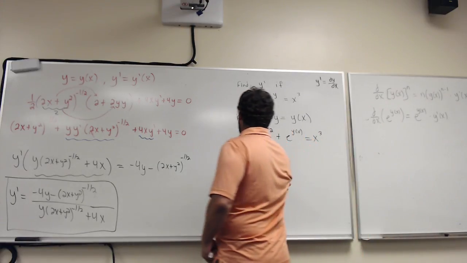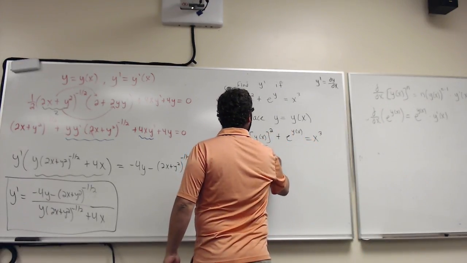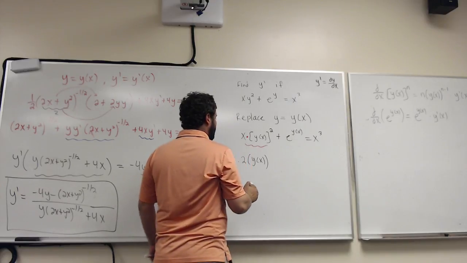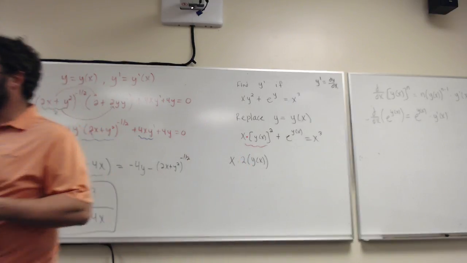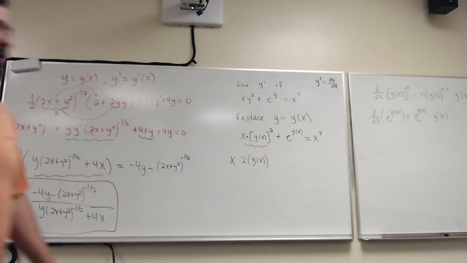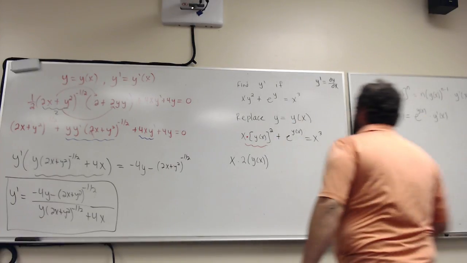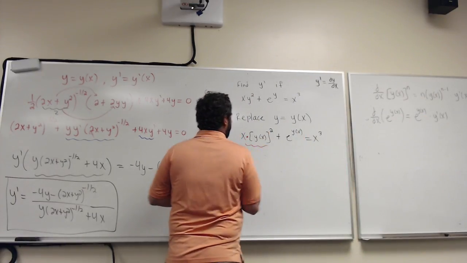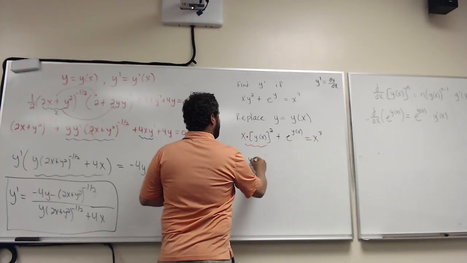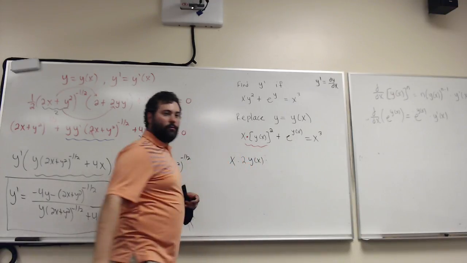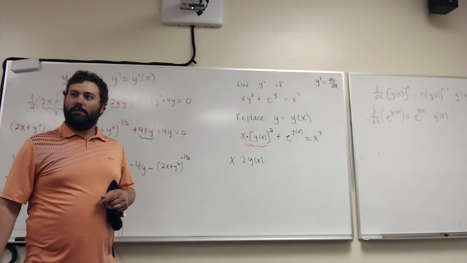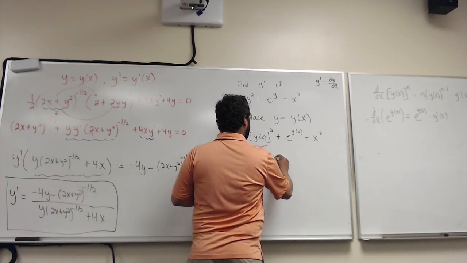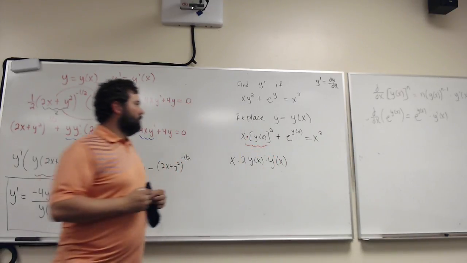So the 2 comes out front. The inside function y of x stays the same. In fact, I don't even need parentheses, do I? Since anything to the first power is itself. So the power comes out front. The inside stays the same, and then you have to multiply by the derivative of the inside, which would be y prime of x.